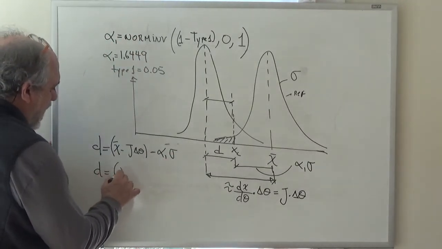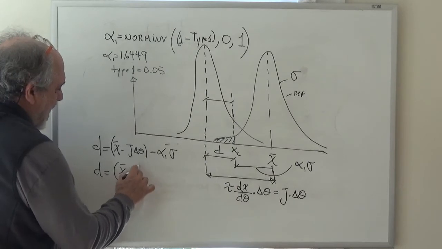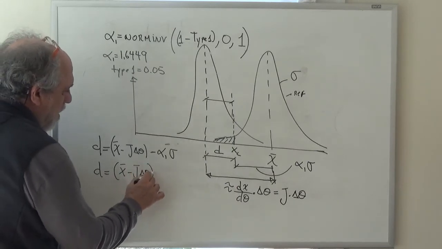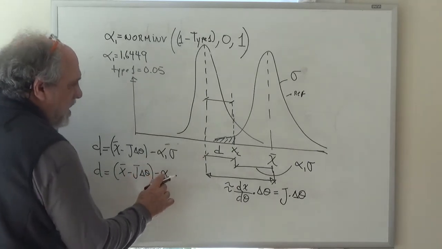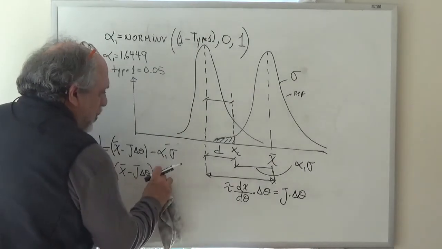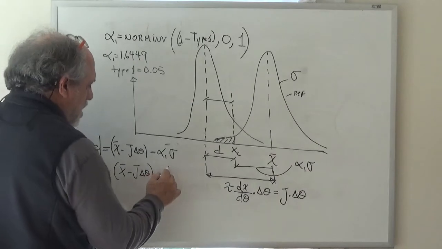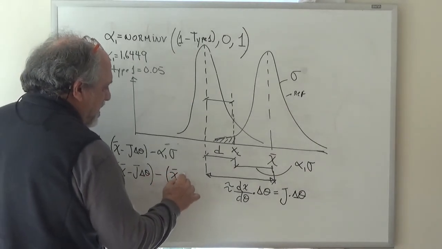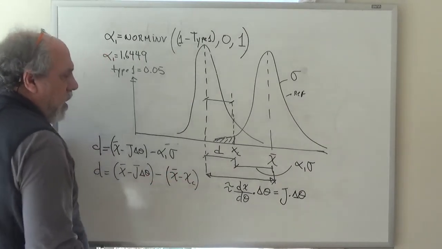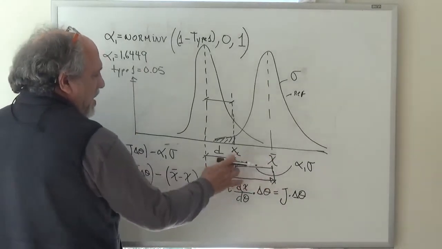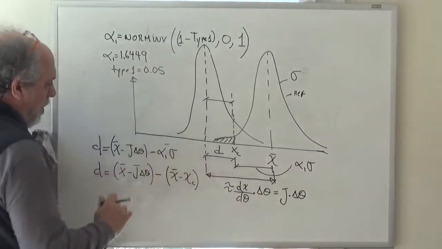D is equal to x bar minus j delta theta minus alpha 1 sigma. But alpha 1 sigma is equal to x bar minus xc, right? So x bar minus xc is alpha 1 sigma.